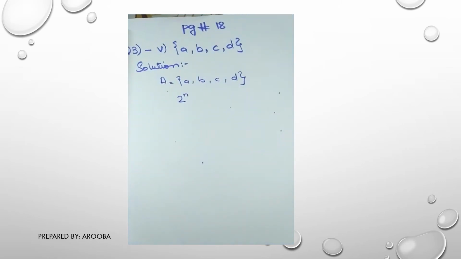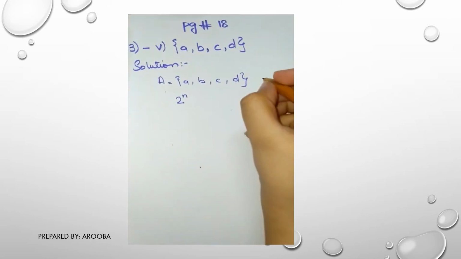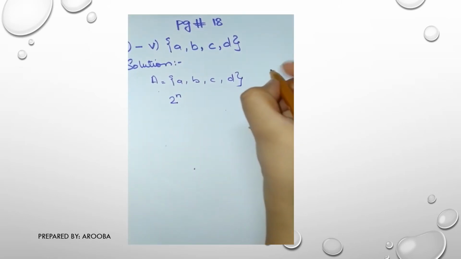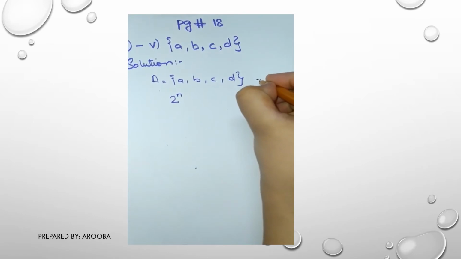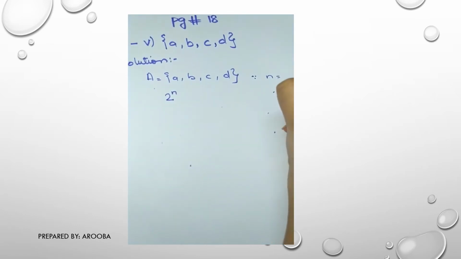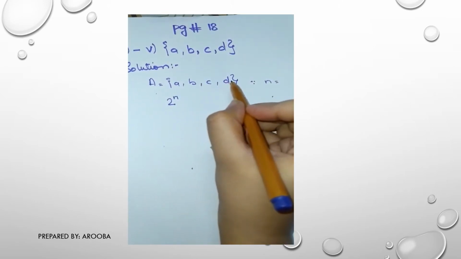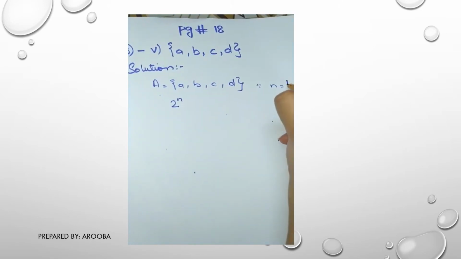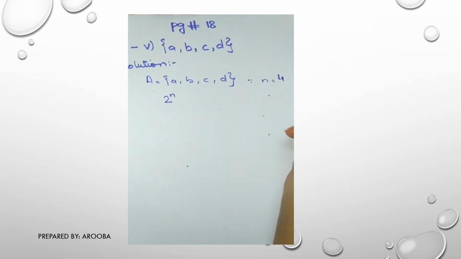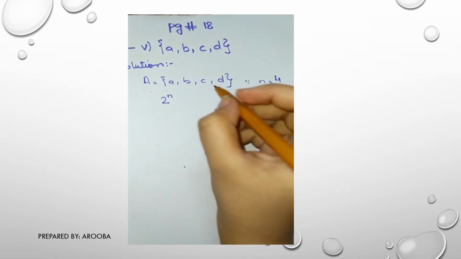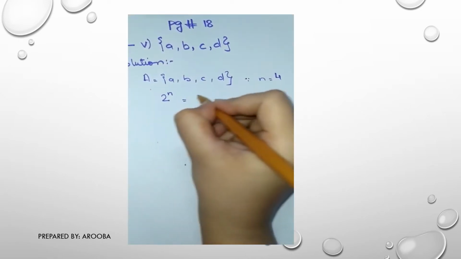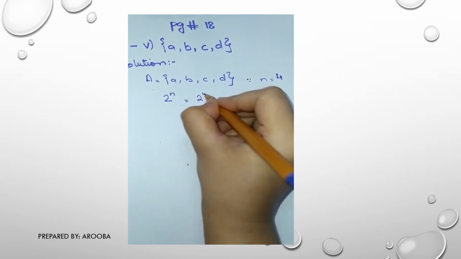Now in this set what is n? So n equals 1, 2, 3 and 4. So n equals 4. 2 power n means 2 power 4.